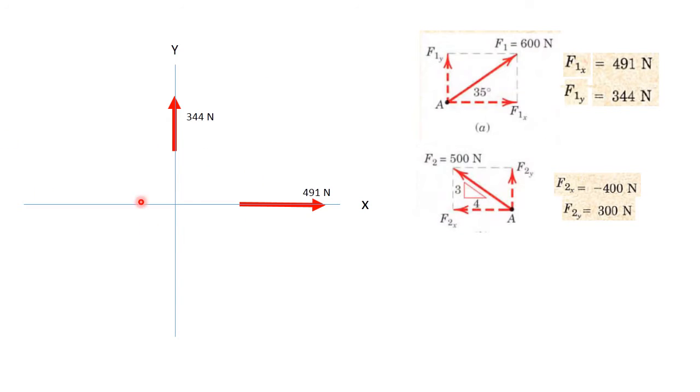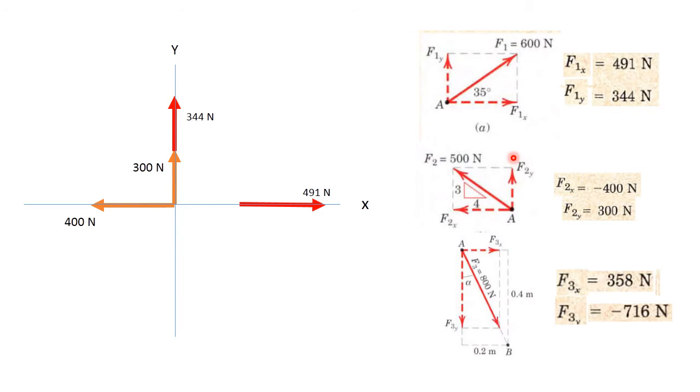If we place these two components here, 300 is positive so it is directed upward, and the x component is minus 400, so I gave the direction towards the left but put the magnitude 400. The plus or minus sign only indicates the direction of these two forces.